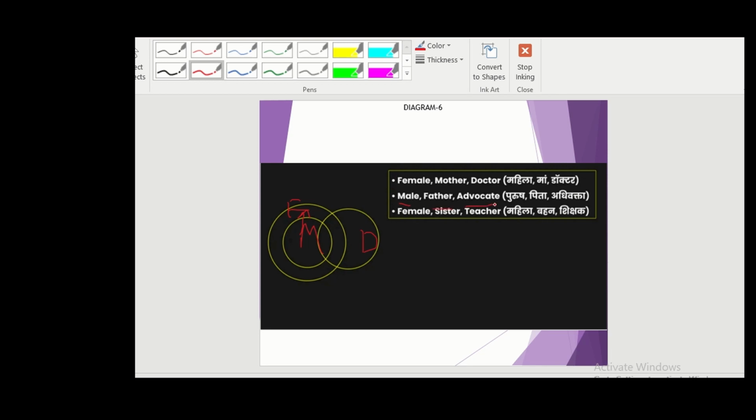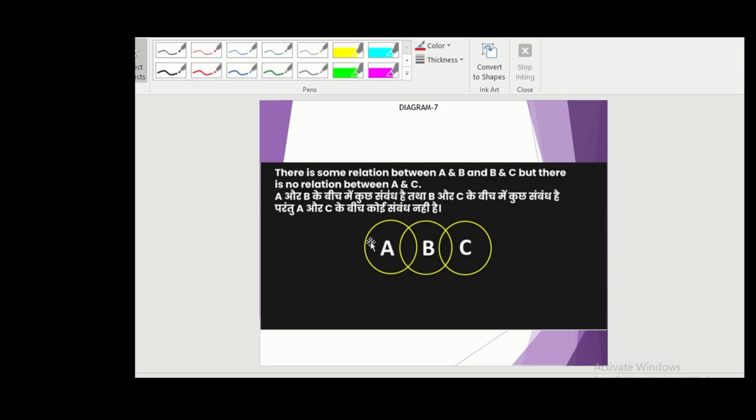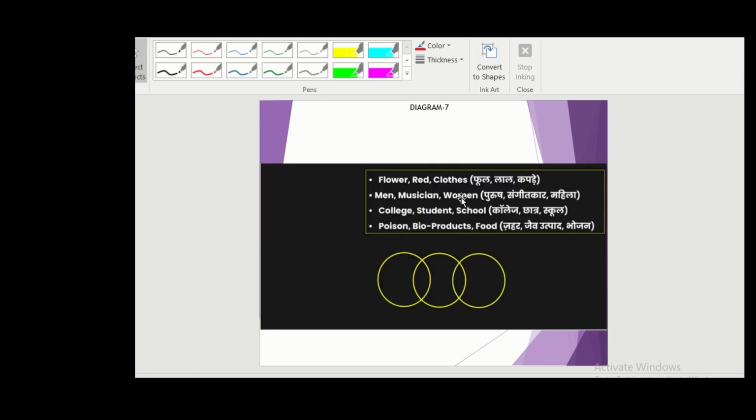Like male, father, advocate. Let's check the seventh diagram. There is some relationship between A and B, and B and C, but there is no relationship between A and C. Let's check the examples. Flower, red, cloth. But a cloth is not a flower.